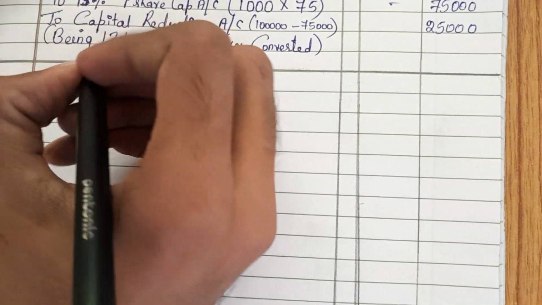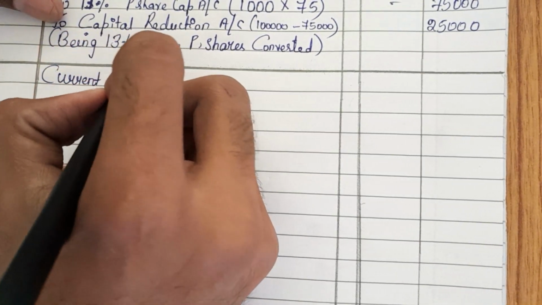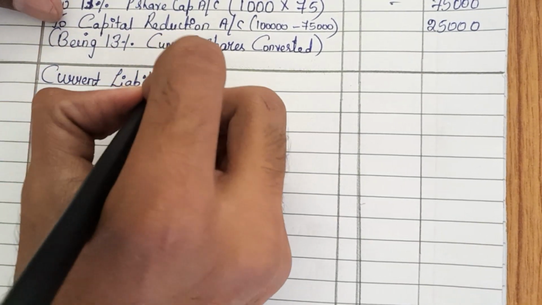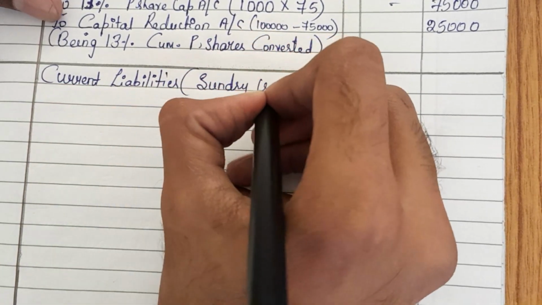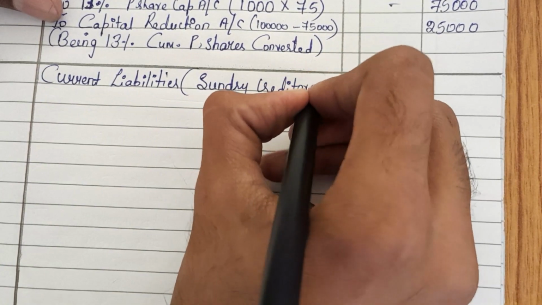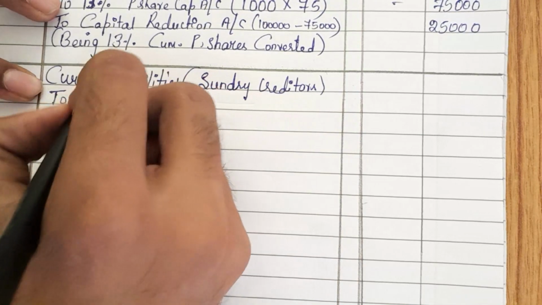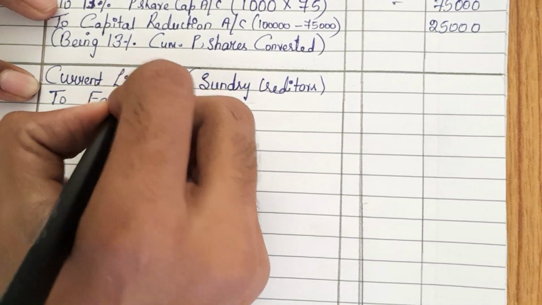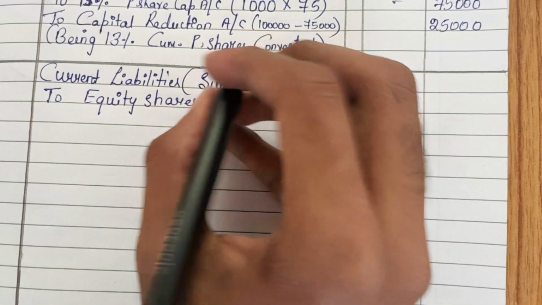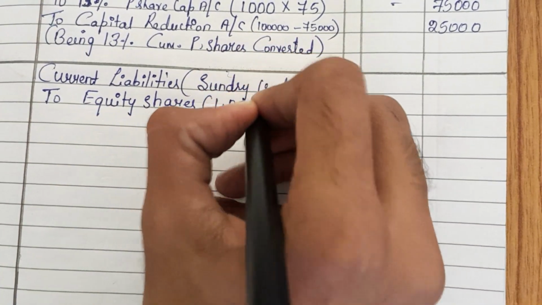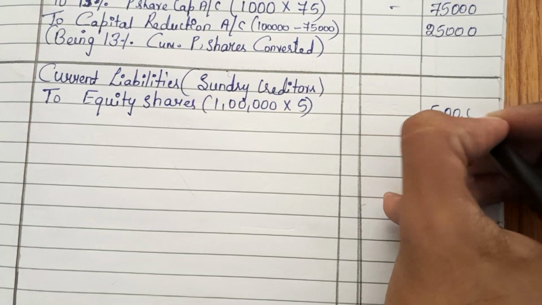So here it will be current liabilities, that is sundry creditors. We don't know the value actually, leave it off. For them we are issuing first what? Equity shares. So total we are issuing 1 lakh equity shares of rupees 5. So here it will be 5 lakh.